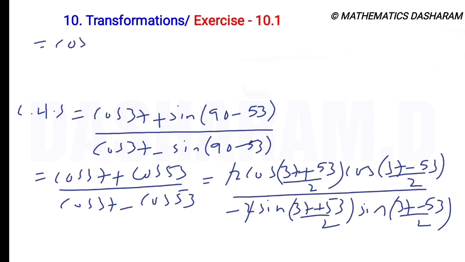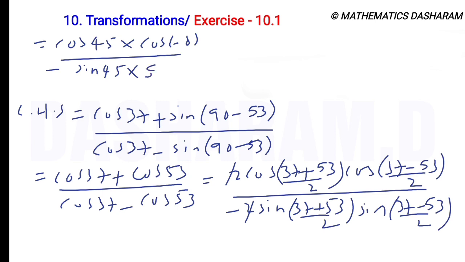So 90 by 2 means 45 degrees into cos 37 minus 53 by 2, which is cos of minus 8 degrees, divided by minus sin 37 plus 53 by 2, which is sin 45 degrees, into sin 37 minus 53 by 2, which is sin minus 8 degrees.